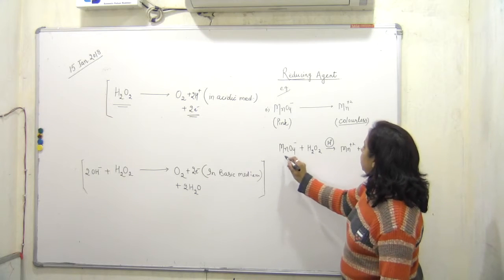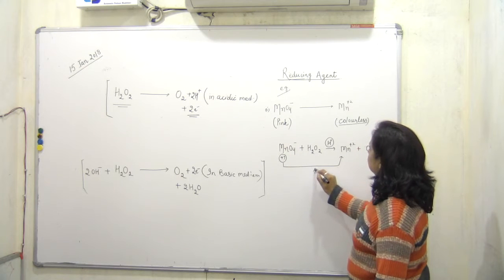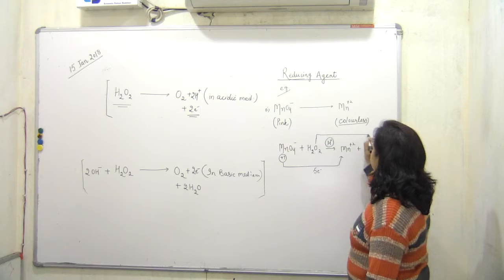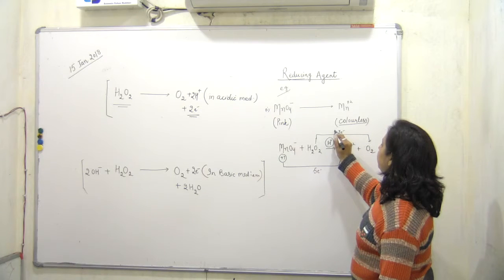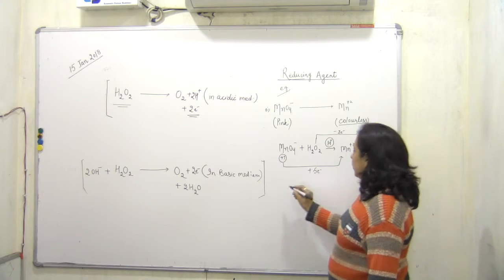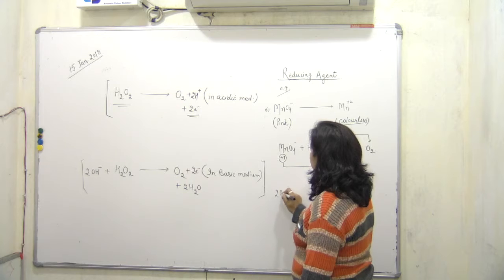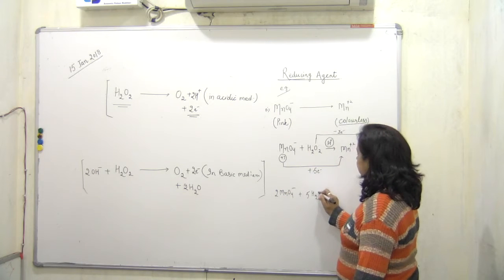It will become manganese plus 7 to plus 2, 5 electrons. Hydrogen peroxide is changing by 2 electrons. Gain of 5 electrons, loss of 2 electrons. Cross multiplication is there, 2 MnO4 negative plus 5 hydrogen peroxide.